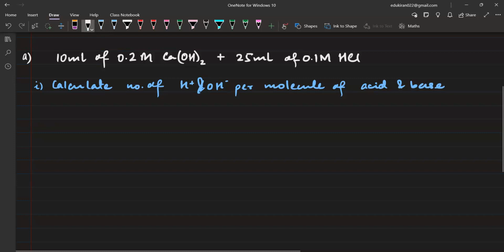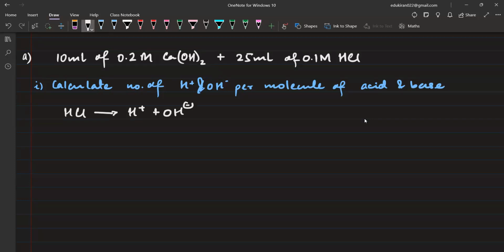Tell me, in this mixture, what is the acid? Quickly tell me. What is the acid here? HCl. Very good. So HCl will dissociate and give H positive and Cl negative.